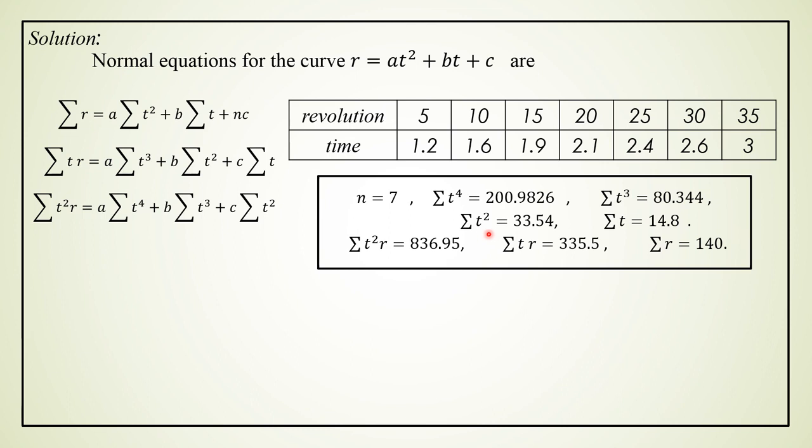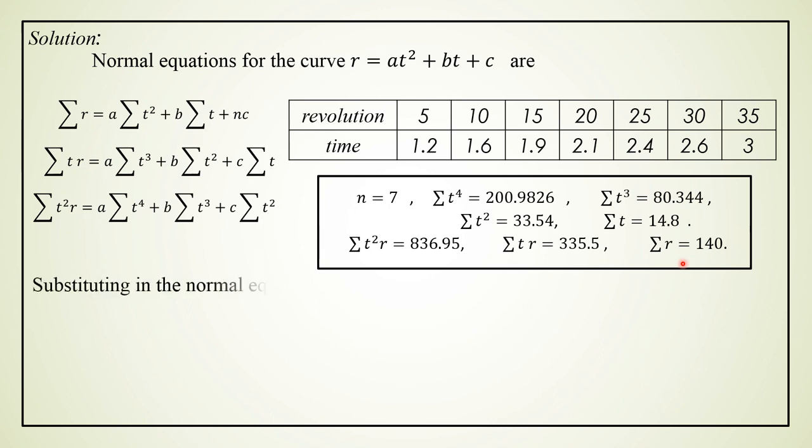Summation of t square is 33.54. Summation of t, 14.8. Summation of t square into r, 836.95. Summation of t into r, 335.5, and summation of r, 140.